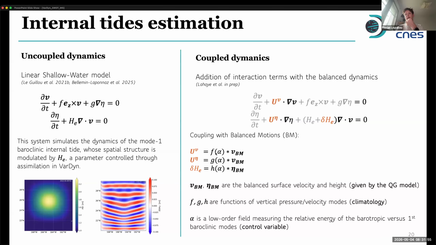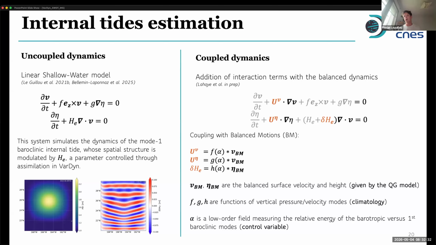These are functions of the vertical modes, the first baroclinic vertical mode and the barotropic mode. I'm not showing the equations of these functions because it's a bit complicated, but if you know the vertical mode decomposition, it's kind of easy to get. And alpha is just one parameter that gives the relative energy between the barotropic modes and the baroclinic modes.